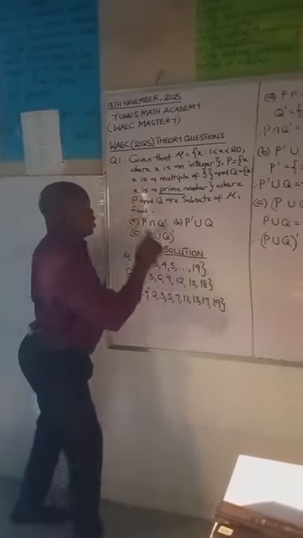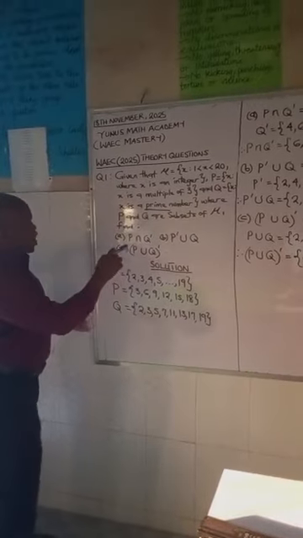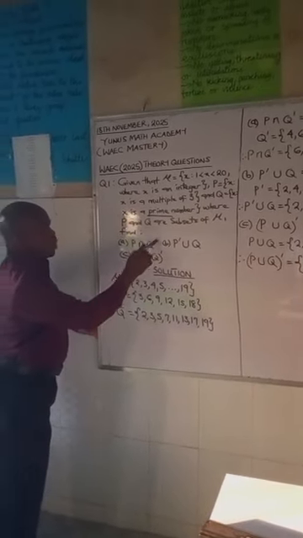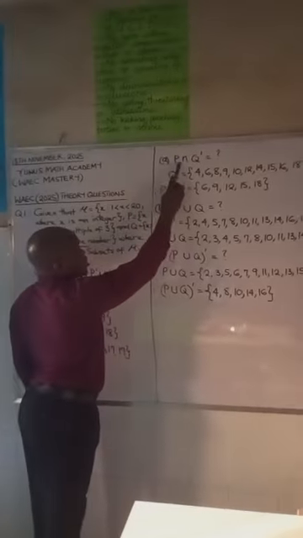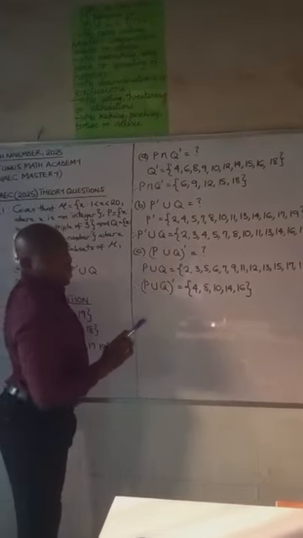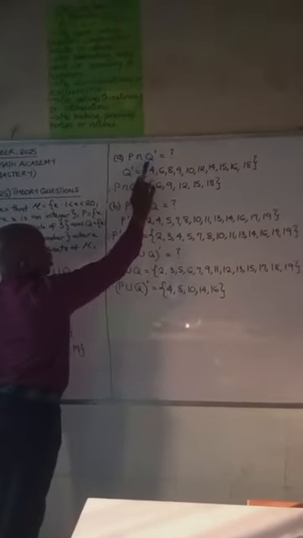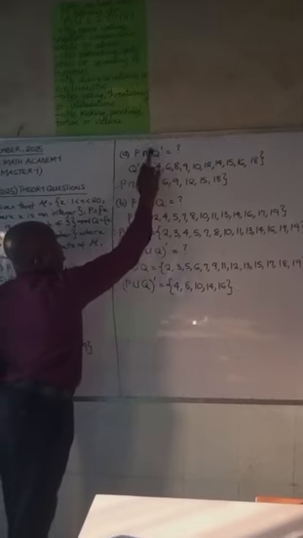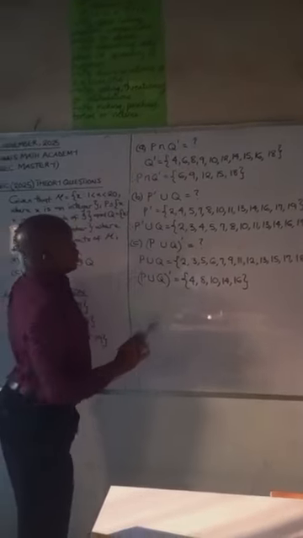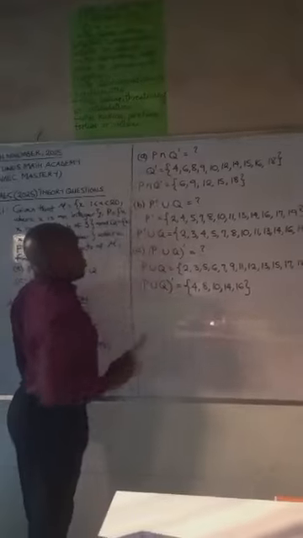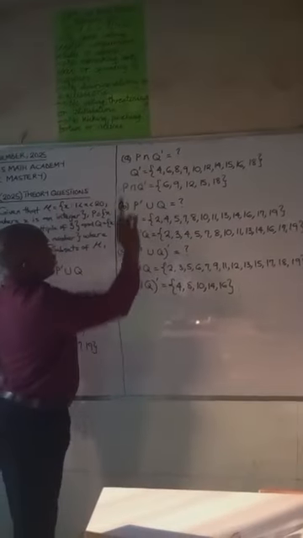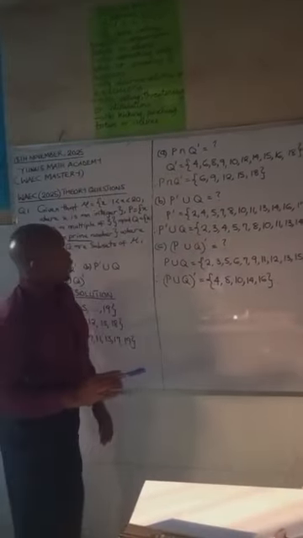Let's now proceed. Now, question 1. We have been asked to find P intersection Q prime. Looking at this, there is a clause: the prime on top of set Q. That means we need to find Q prime first. What does it mean to find Q prime?